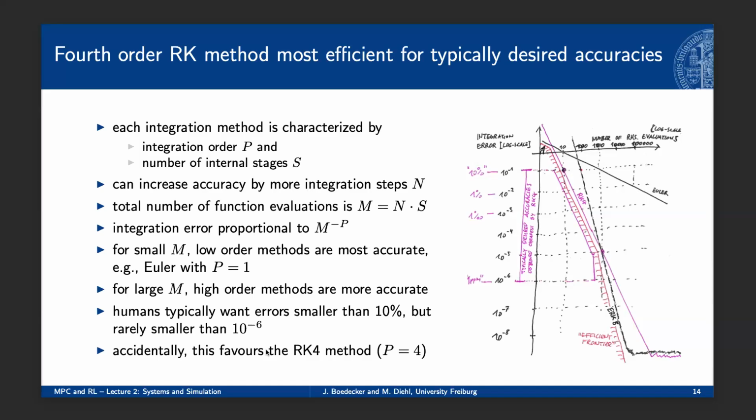Typically, this isn't the order that we like as humans, right? So we want to have something which is maybe more like 10% accurate, or maybe 1%, or a bit better even. And that's where the higher order methods are getting more competitive. Yeah? And so the interesting thing is you can plot a kind of efficient frontier, as we might call it. So on the y-axis, we have the integration error in a logarithmic scale, and on the x-axis, we have the number of function evaluations, so like this number M, that is proportional to the effort of a method.